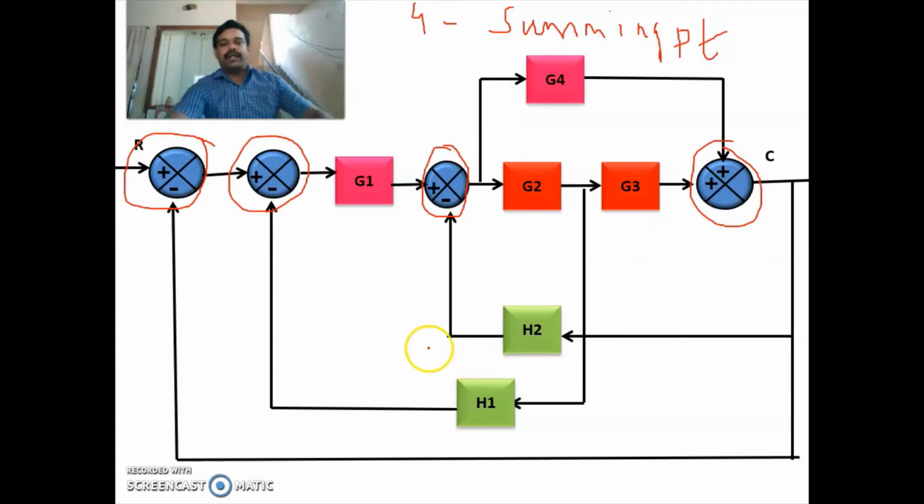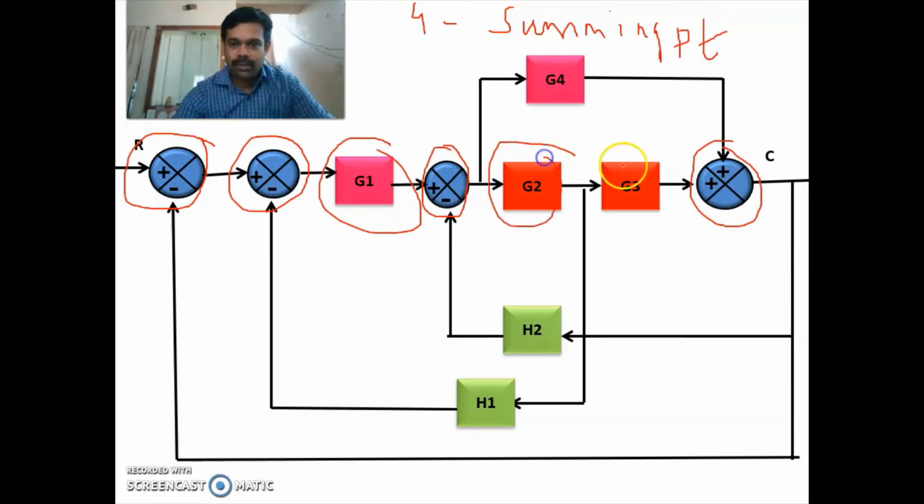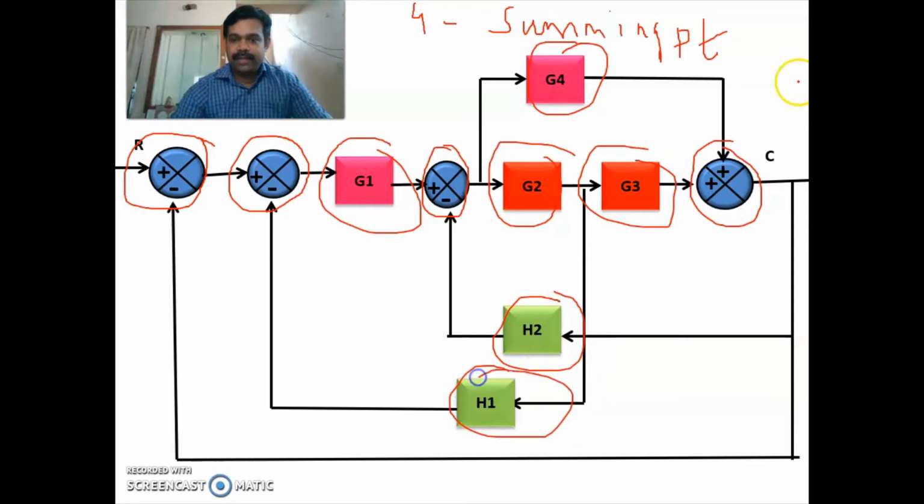How many blocks are you having? 1, 2, 3, 4, 5, 6. You are having 6 blocks. Of these 6 blocks, H2 and H1 are feedback blocks.